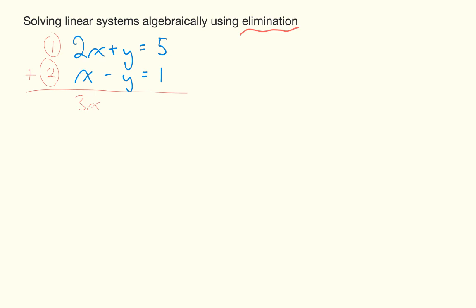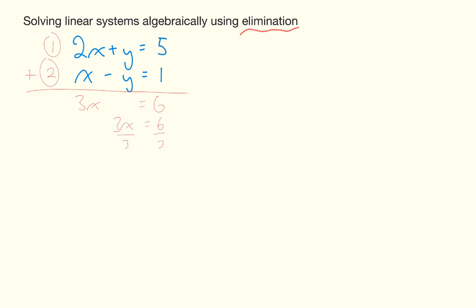So we're not even going to write in any y's because we don't have any left. And of course, if we take 5 plus 1, that means that the other side of the equation will be 6. And by combining these two functions in the system by adding them, we come up with a new equation, 3x equals 6.